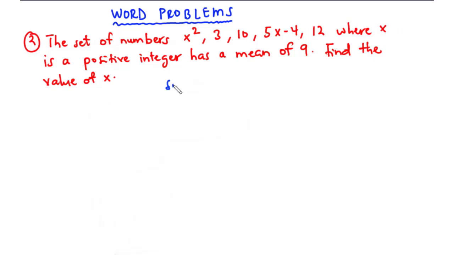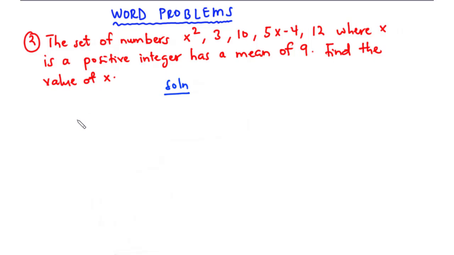Now from the question, we are told that x is a positive integer. And so far as we have x squared, it means that we are going to obtain two values of x. Now we are going to choose the positive value of x because we have a clue that x is a positive integer.